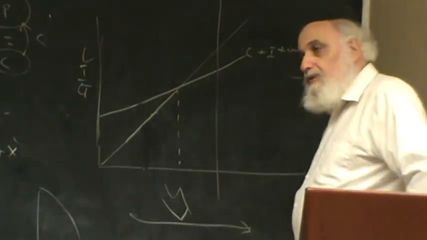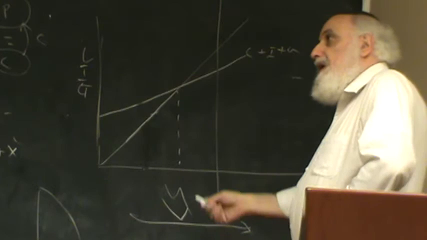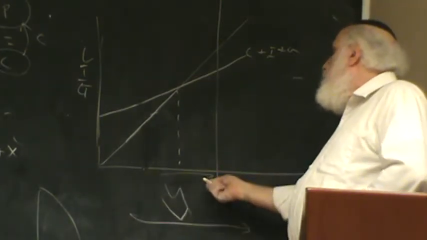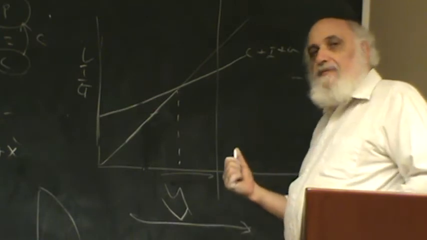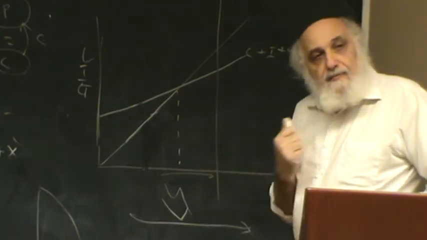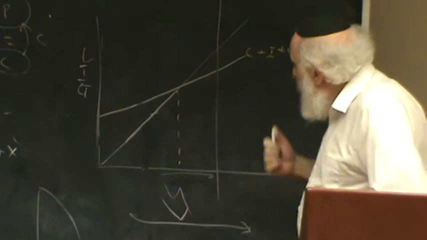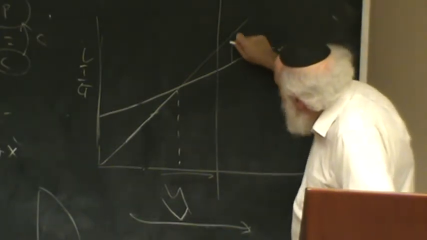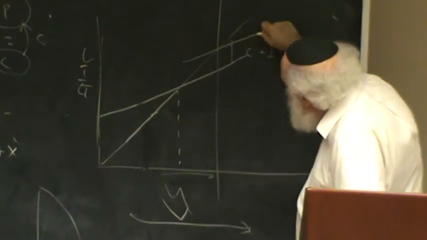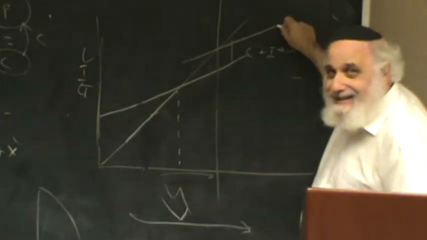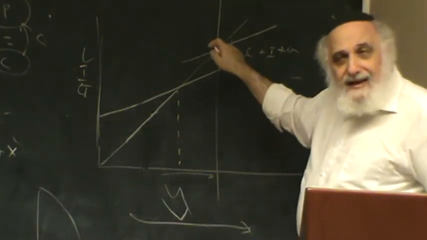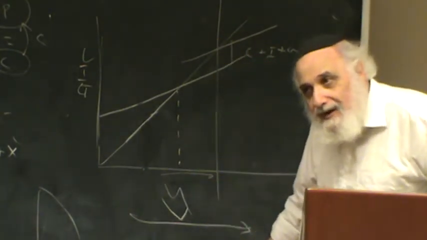In order to have full employment, you have to have more national income than you have. What are you going to do to get to full employment? You have to raise C plus I plus G so that it intersects the 45-degree line at the full employment point.